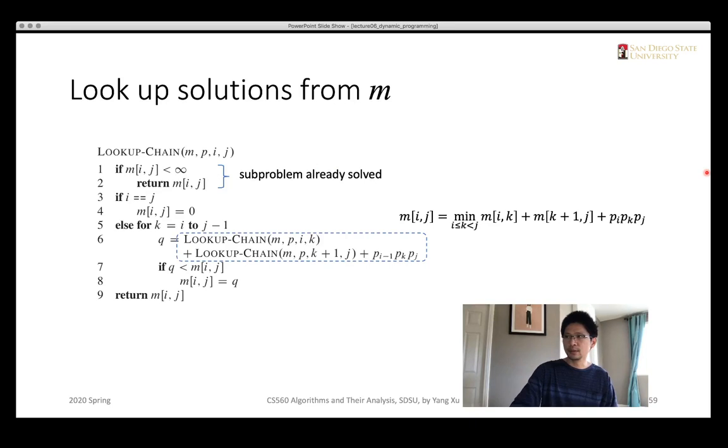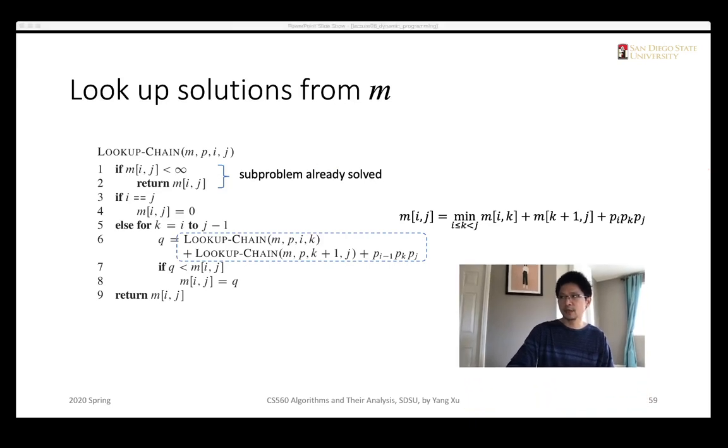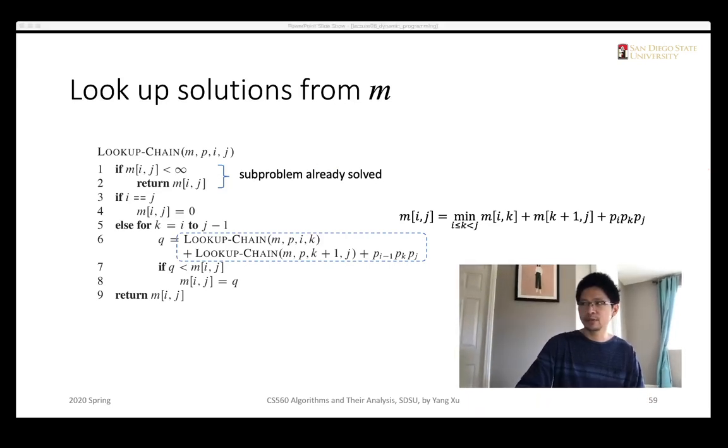That's the top-down implementation of this matrix chain multiplication problem. If we relate this to the rod cutting problem, we will find a lot of similarities in the code patterns. The top-down method, like the top-down rod cutting method, is also a recursive algorithm.